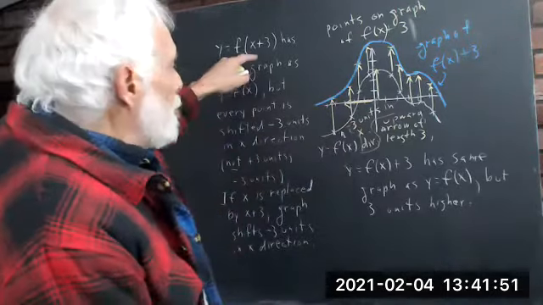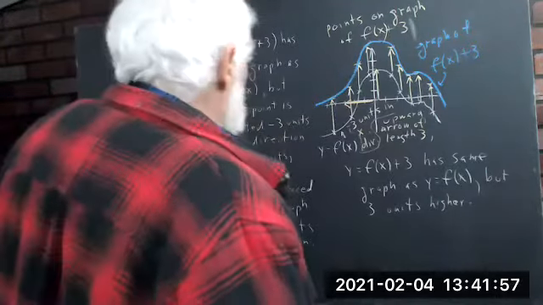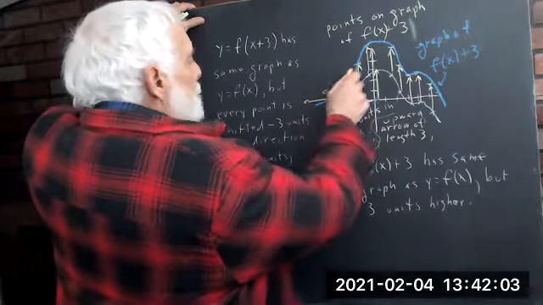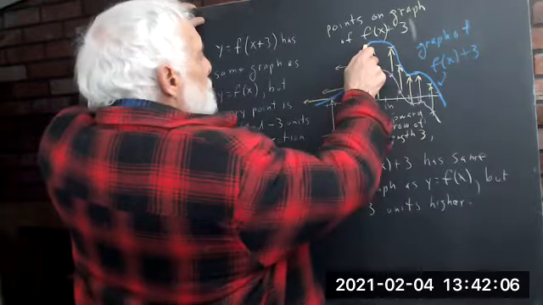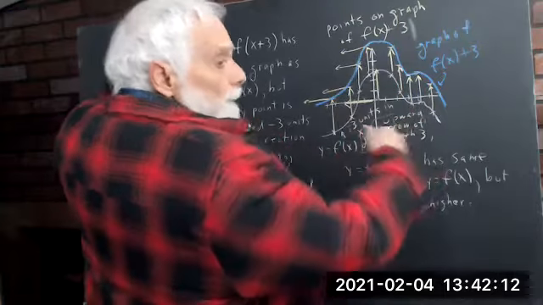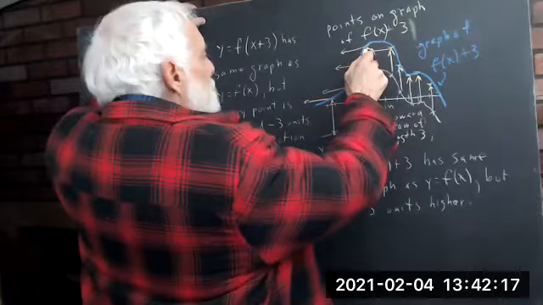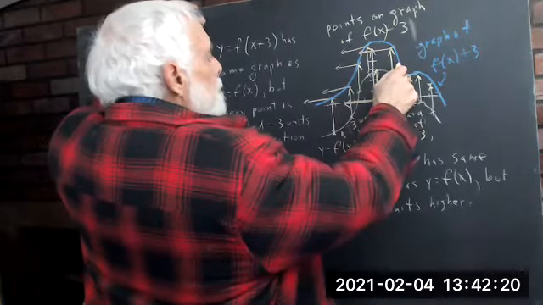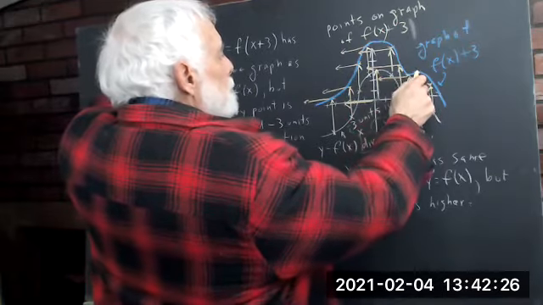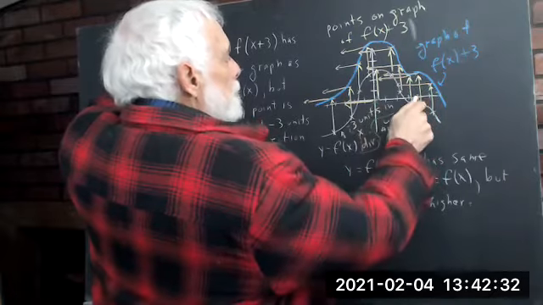To get the graph of f of x plus 3, composite function, we have to shift to the left. So we're going to apply this arrow to every one of these points. It gets a little sloppy here because the function's not one-to-one, but we'll do it anyway. Yeah, looks about right.